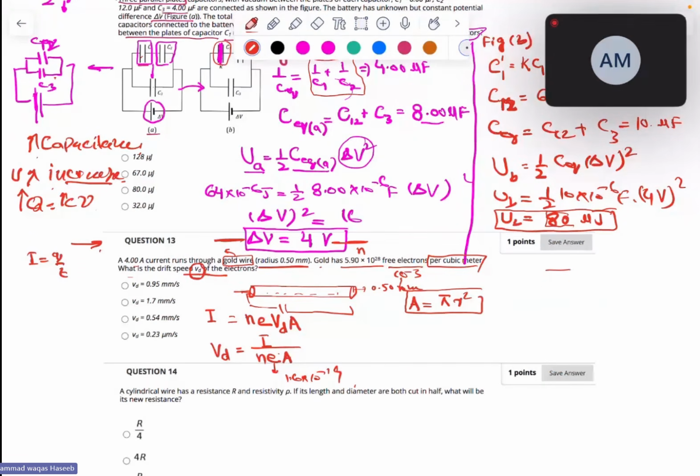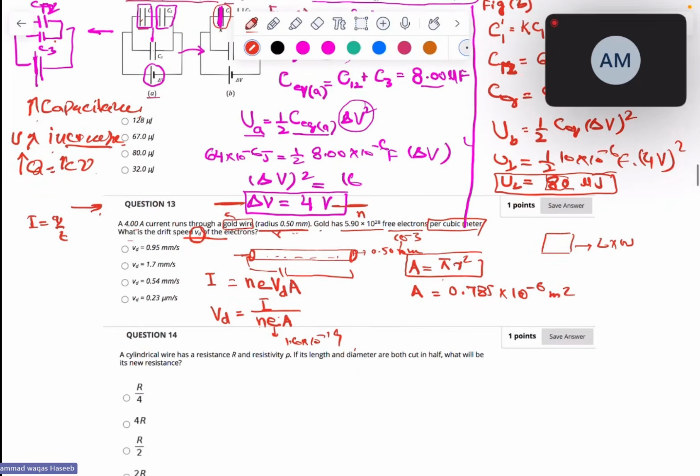Unless you have a rectangular shape, where the area is length multiplied by width. Mostly the case is a wire, and the area of the wire is calculated by this if you are given the radius r. When we calculate this area, it will be 0.785 times 10 to the minus 6 meter squared.